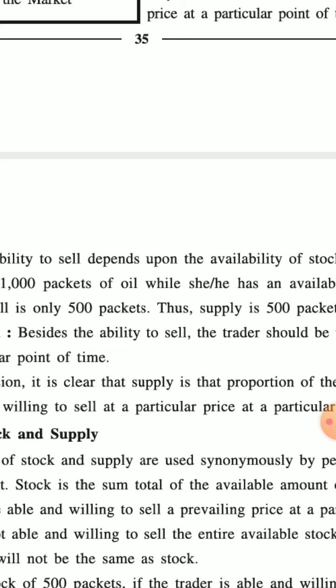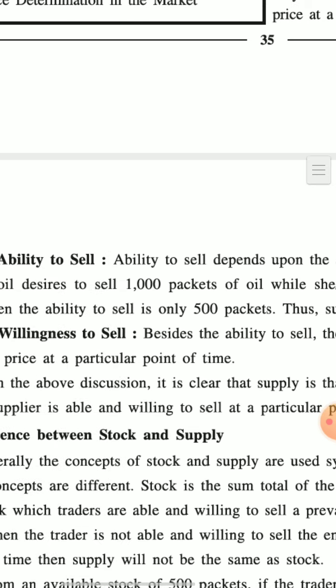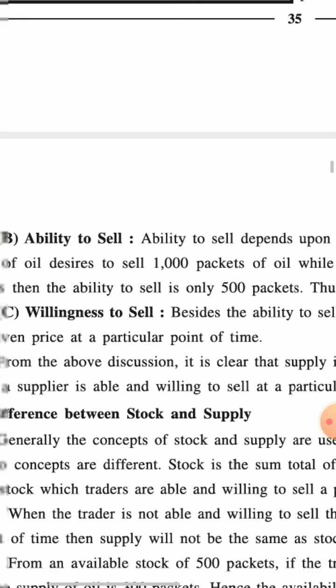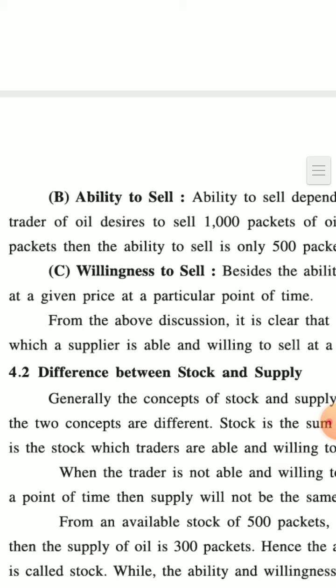So the producer always keeps more stock, because he doesn't know when the prices are going to change. He wants to sell more packets, but he has only 500 packets to sell. So the producer must have that ability to sell.